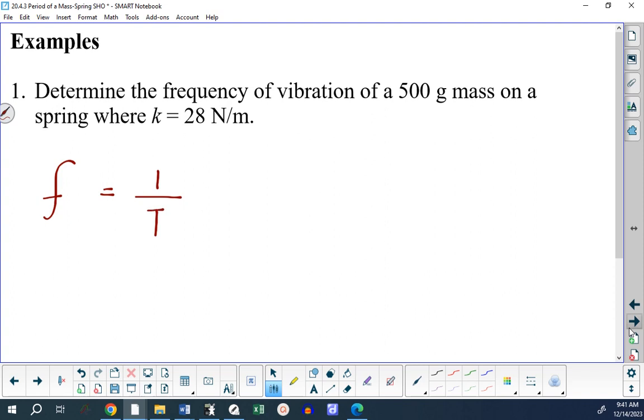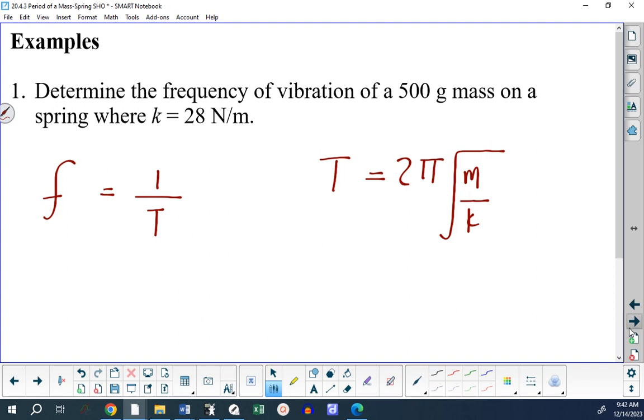So if we are asked to determine the frequency, then we should be saying, let's determine the period and then take the reciprocal of it. I wouldn't, everybody, take this formula and flip it over to find the frequency. Some of you might be clever enough to do this and work with it. You certainly could. Okay?